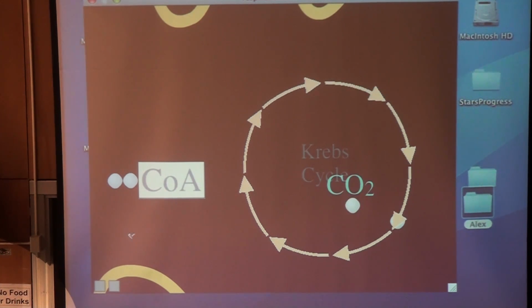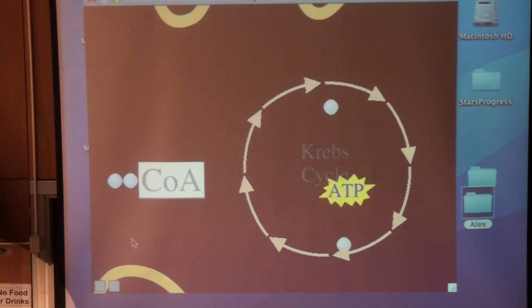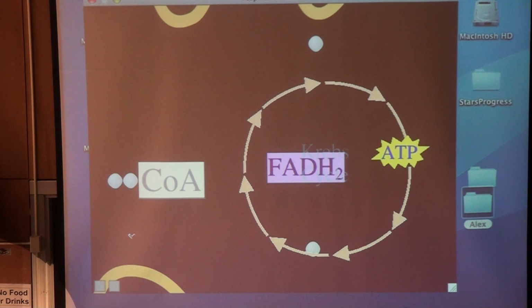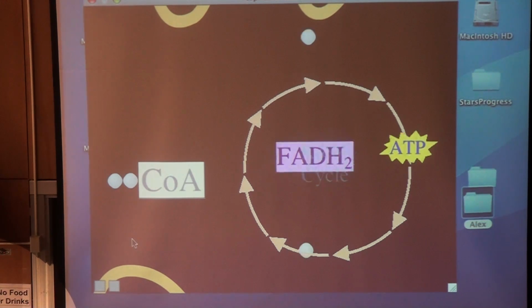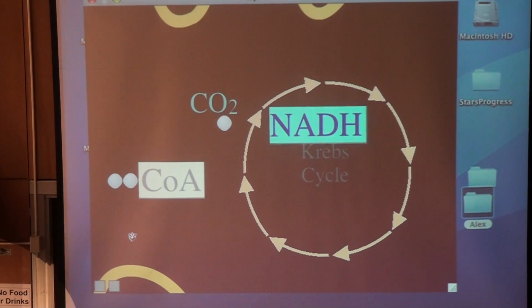Oh, so now one of the carbons is fully oxidized as CO2. There's the ATP. Again, FADH2, which also carries high energy electrons, is there. And as that last carbon is oxidized to a CO2, you get one more NADH.